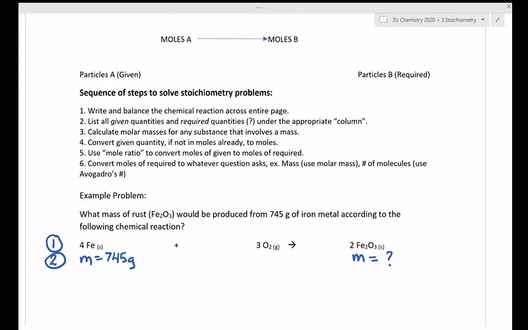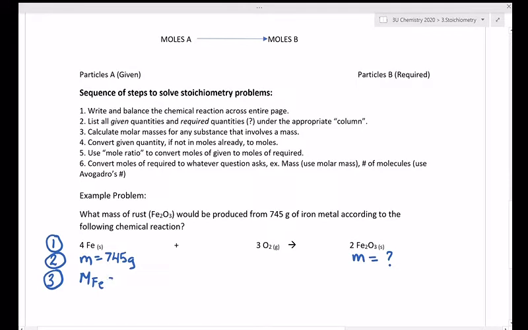If you don't have mass in some capacity written below the column, you don't need to take your time to do the molar mass. So here we do have 2 masses that we're going to need, but oxygen, I don't need to take time to figure that molar mass out because I'm not doing anything with it in this particular question. So for step 3, we're just going to do our regular old molar masses.